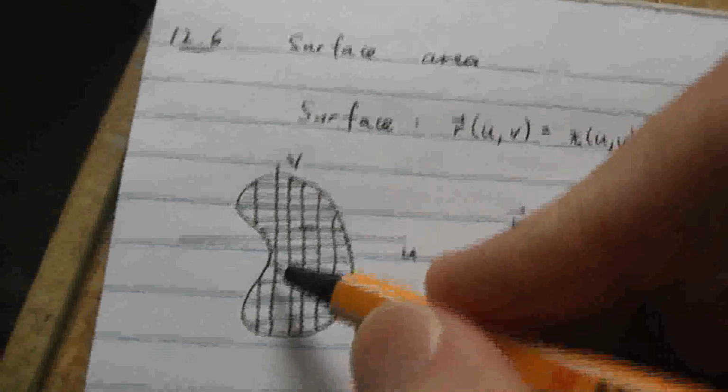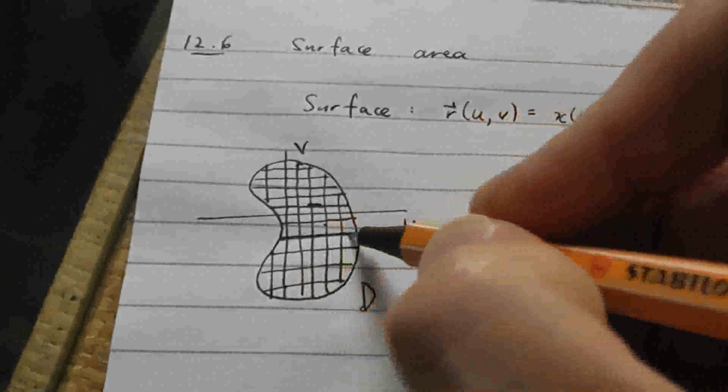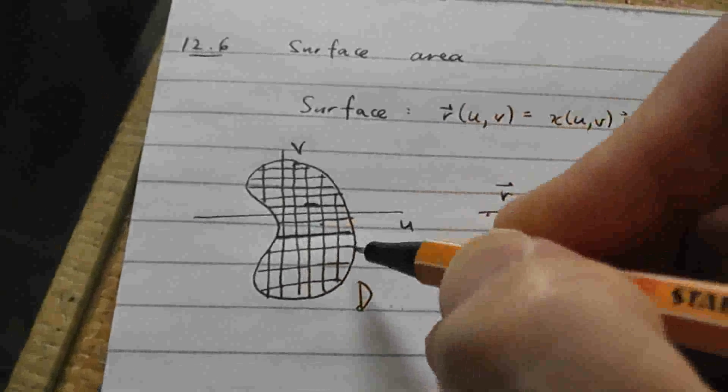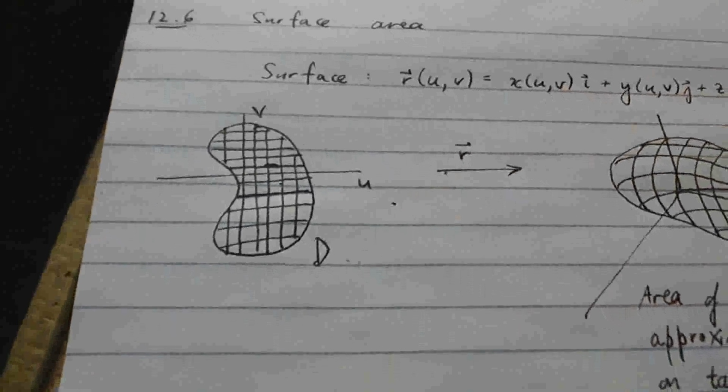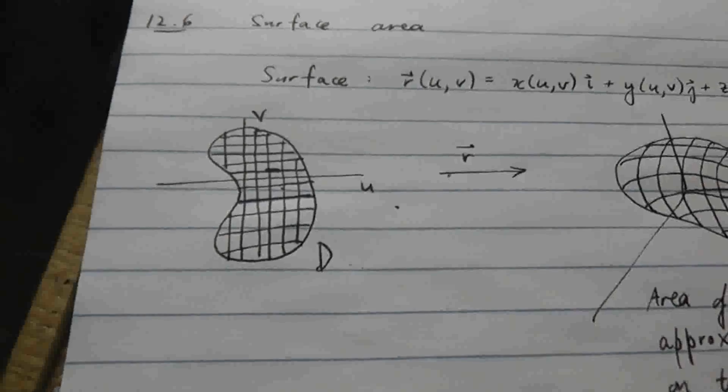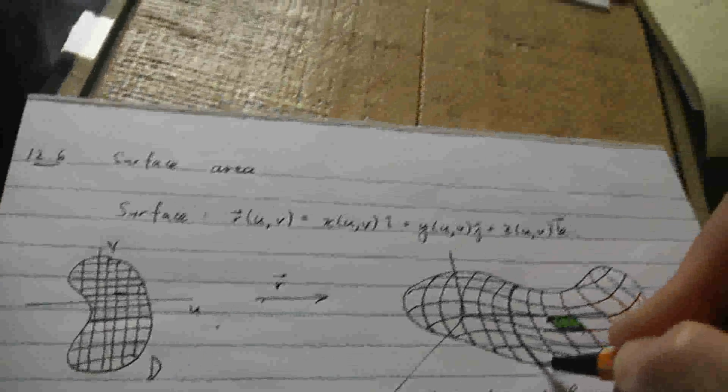So let's just look at some example. Let's suppose we have this one. It'll get mapped to some curve, say this one, on the surface.